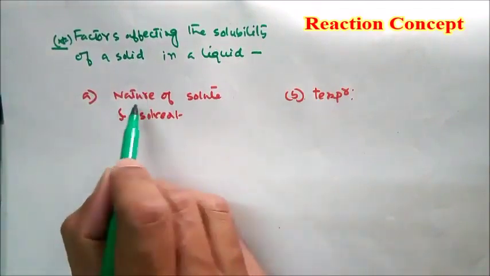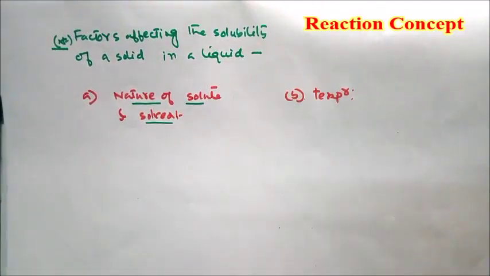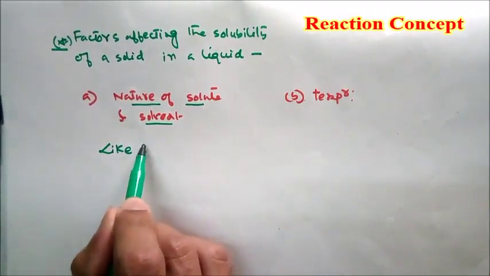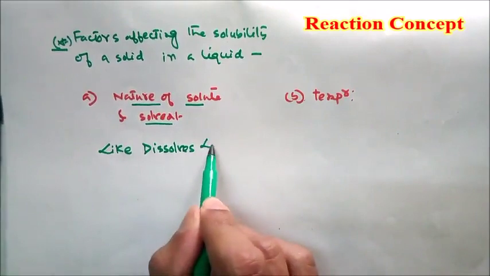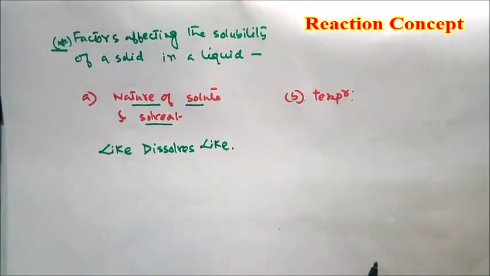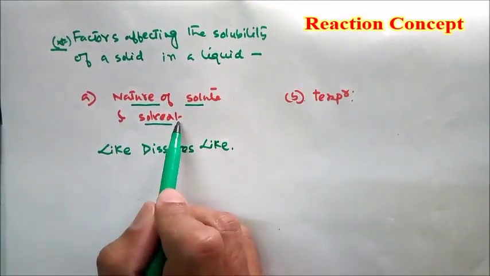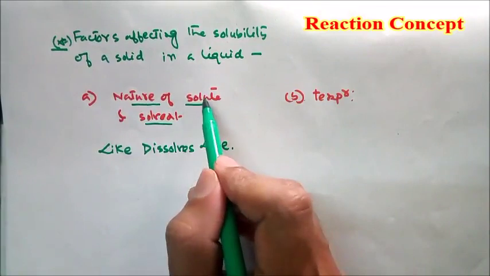In this case, the principle obeyed by all solutions is "like dissolves like", which means a solvent with chemical properties similar to the solute's chemical properties will dissolve that solute.